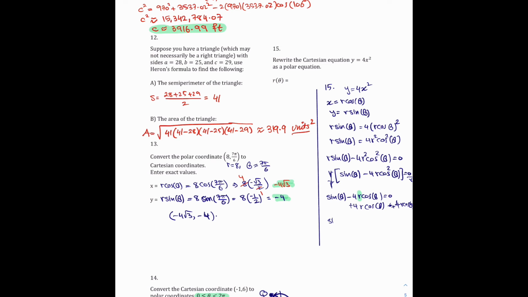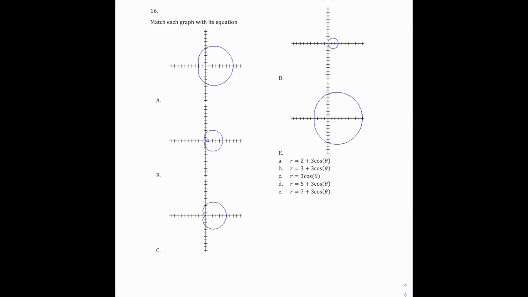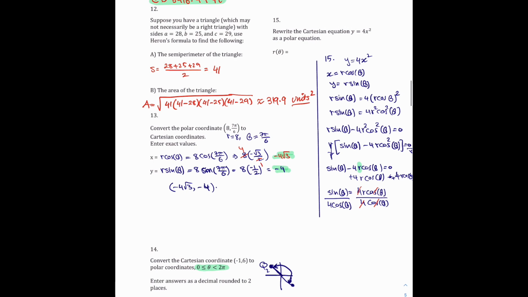So I will have sine theta equals 4r cosine theta. I'm going to divide both sides by 4 cosine theta so I can isolate the r. 4 cancelled, cosine cancelled, and on this side I will have r equals sine theta over 4 cosine theta.